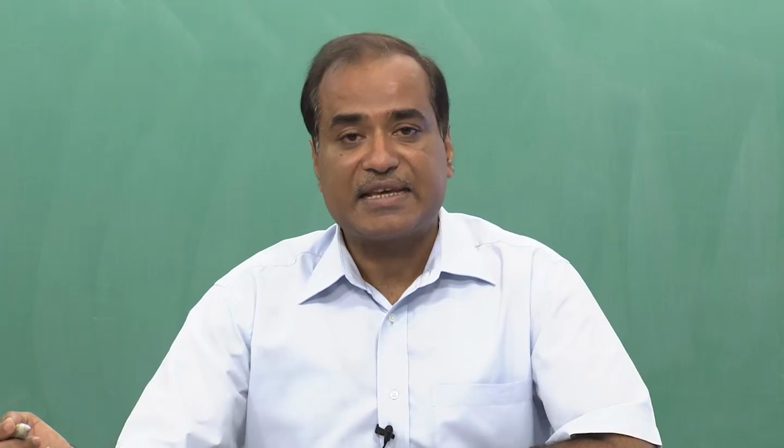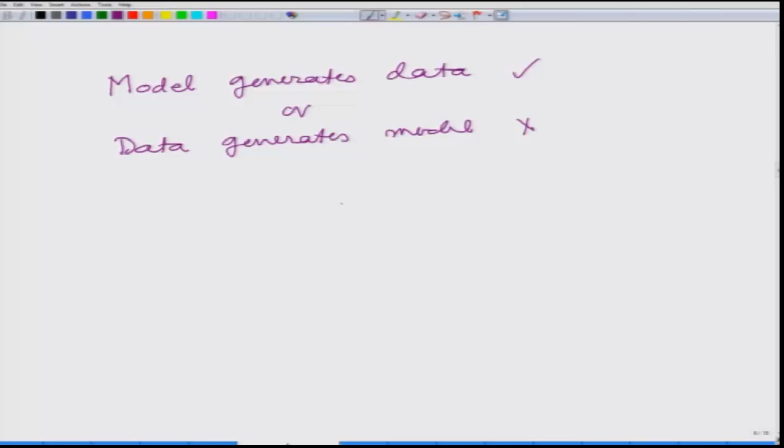So if I try to make a simple diagram, somewhere here is the process. This process is happening, right? And there is a model which is describing this process. And when we try to observe the process, we try to collect the data.